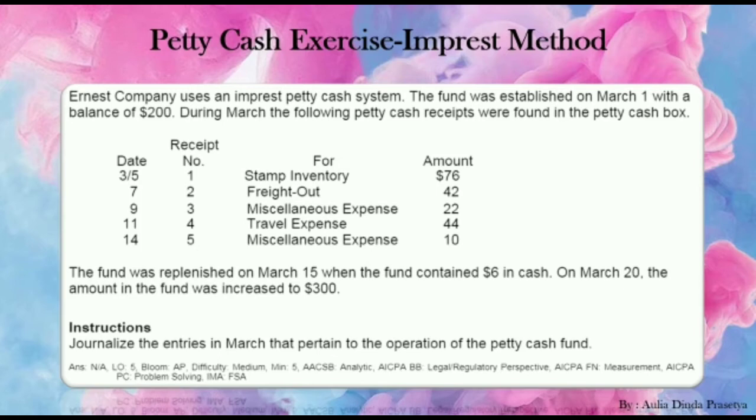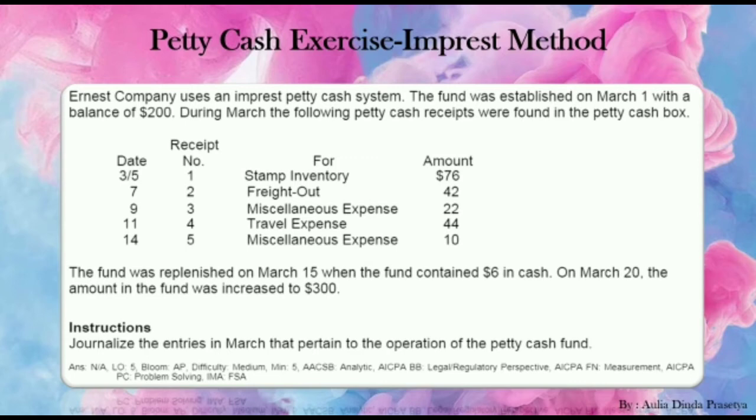The first one is on 5 March for stamp inventory amounting to $76. And the second one is on 7 March for freight out amounting to $42. The third transaction is on 9 March for miscellaneous expense amounting to $22.